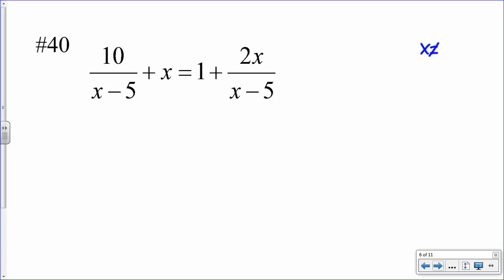This x is not a denominator, so I don't worry about that. X could be 0. X cannot equal 5. I only have one denominator, so my LCD is x minus 5. Technically, we have two denominators, but they're the same. So I'm going to multiply everything by x minus 5.